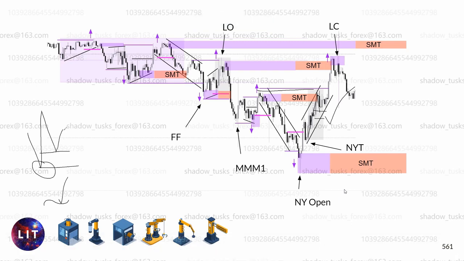And then from that point you would have boom boom, and then maybe that is an EDM, and that's the ideal way. So potentially you get in on the inducement, the mitigation of the inducement, which is also a LET, and then the EDM continuation trade.